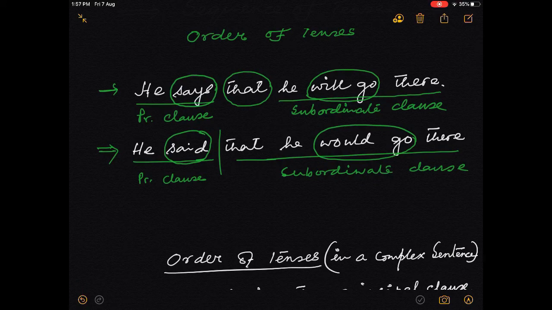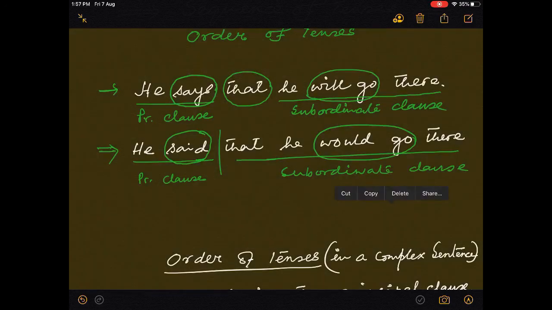Because of the law, the sequence of tenses. The sequence of tenses is a law that has specific rules to govern the verbs of the principal clause and the subordinate clause, to control the tense of the verbs.